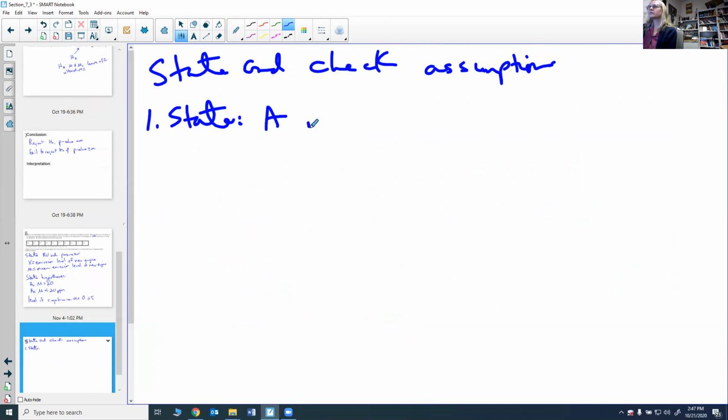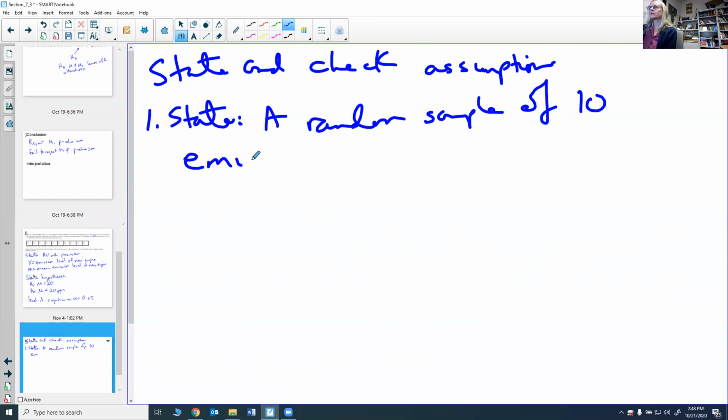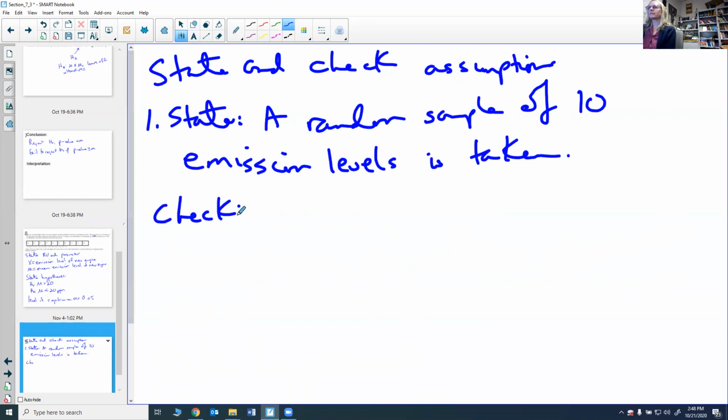We have a random sample of, and I believe we had 10, so of 10 emission levels. So it's not 10 engines, it's the emission levels of the engines that is taken. So that's my assumption. That's what's supposed to happen. Now the check is, did it happen?